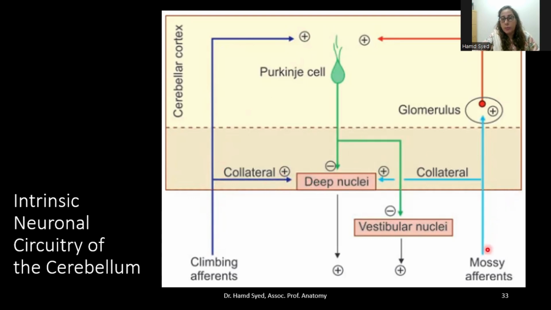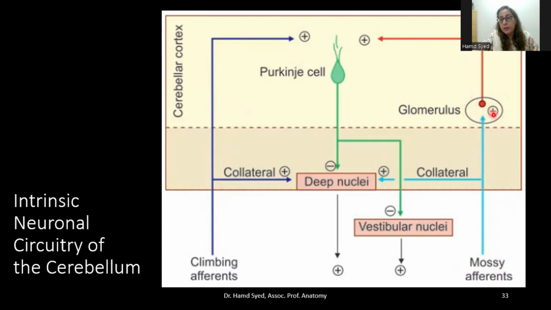Now, the other type of incoming fibers, the afferents, are the mossy afferents. And these mossy afferents, you can see, are going to form a synapse on this synaptic structure known as the glomerulus, which is present in the granule cell layer. And over here, it synapses with the granule cells.